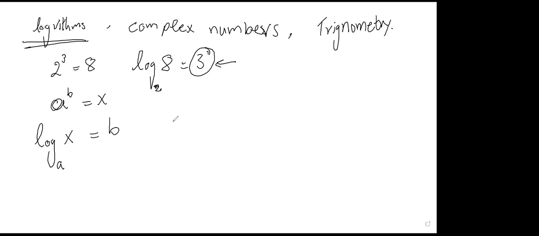And there's one more thing: we cannot put a negative number in a logarithm, let's say log base a of x equals b. So x cannot be a negative number.